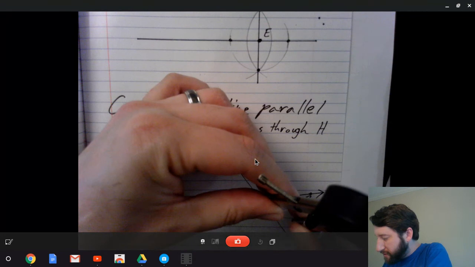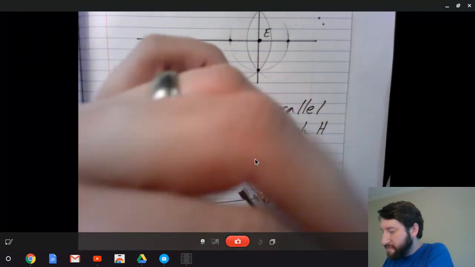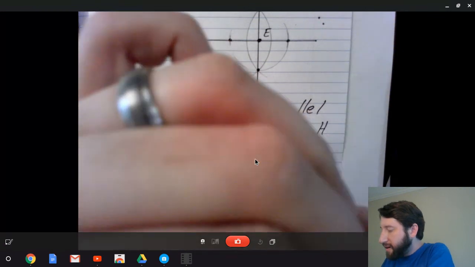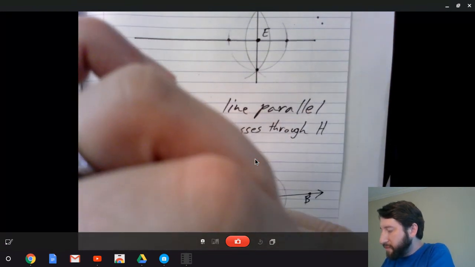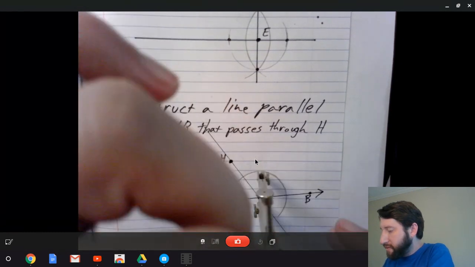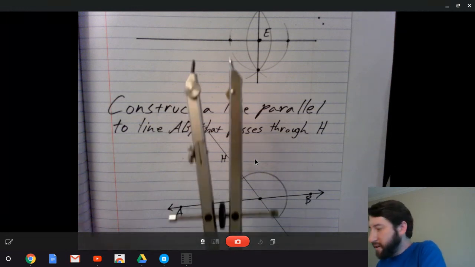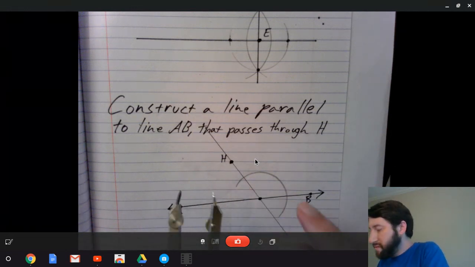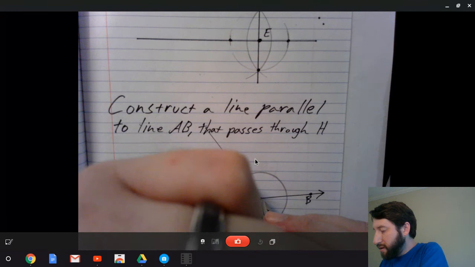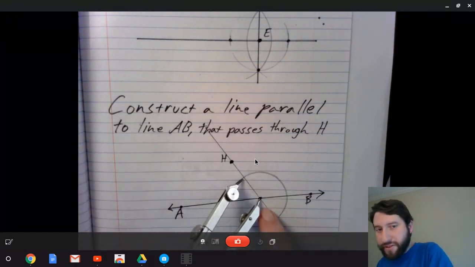Okay, so here's what we're going to do. So I'm going to use my compass here. I need to make an arc that goes through both of these lines. So my arc has to go through both. Now, I'm not going to adjust my compass. I'm going to leave it alone. Right? Because I want the same size arc that I have on this point.